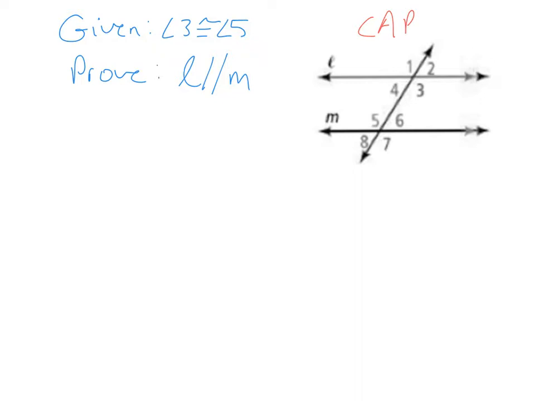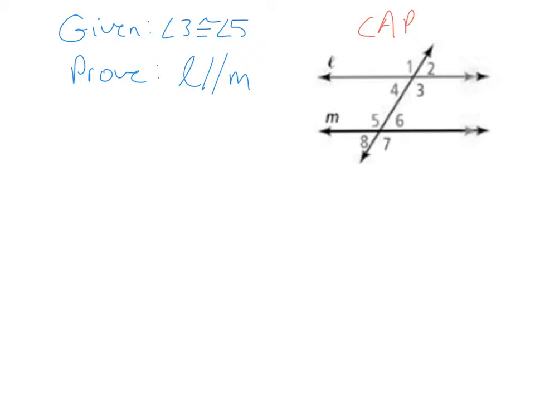We're going to start just by knowing the corresponding angles postulate. We assume this. So that postulate says if I know that the lines are parallel, all the corresponding angles are congruent, and it works the other way too. If I can show that corresponding angles are congruent, then I know the lines have to be parallel. So in this particular proof, we're going to try and get to a point where we know that 2 and 6 are congruent, or 1 and 5, or 4 and 8, or 3 and 7.